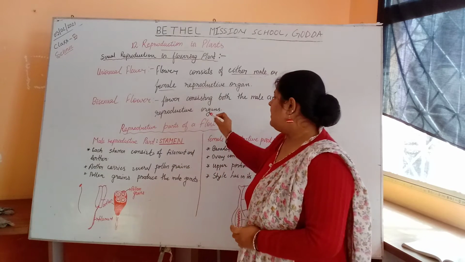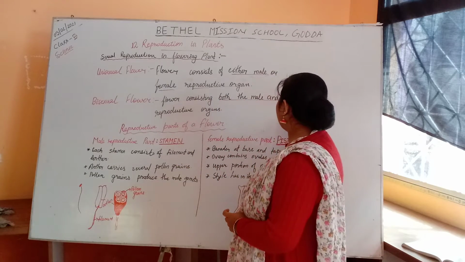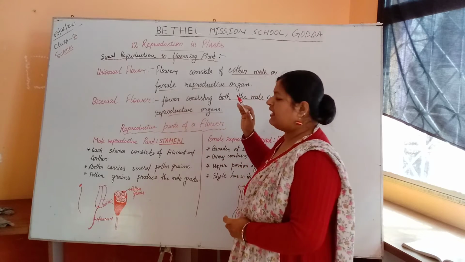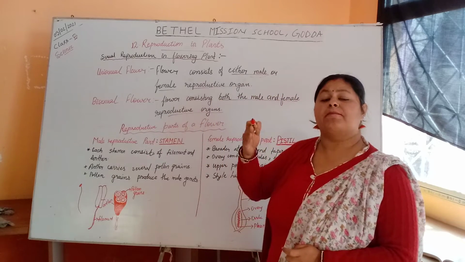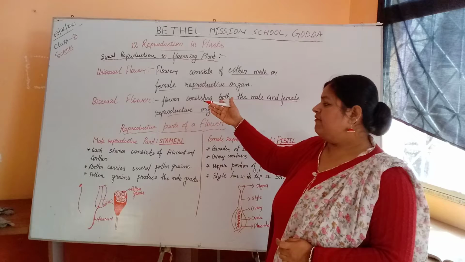In a bisexual flower, the flower consists of both the male and the female reproductive organs. Both male and female reproductive organs are a must in the bisexual flower.